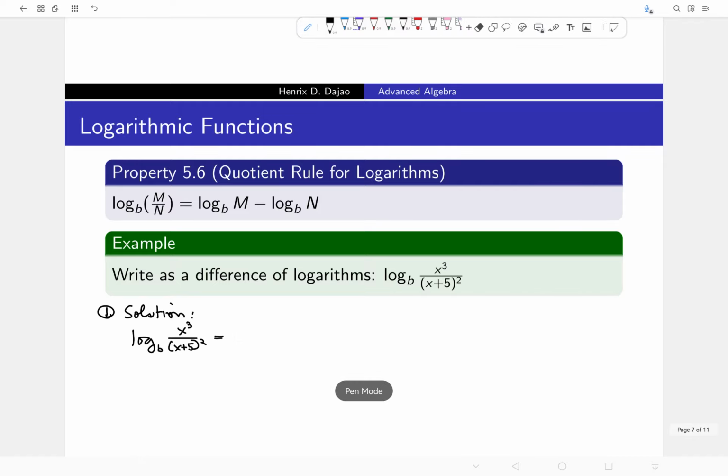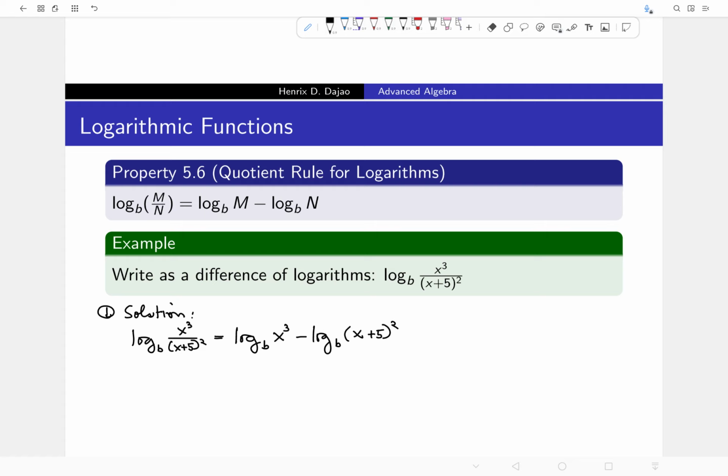So the answer is the logarithm with base b of x cubed minus the logarithm with base b of the quantity x plus 5 squared.